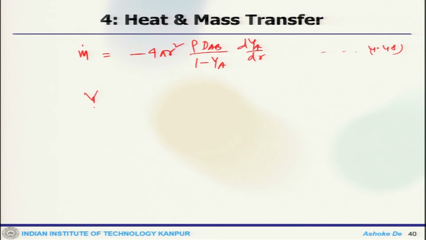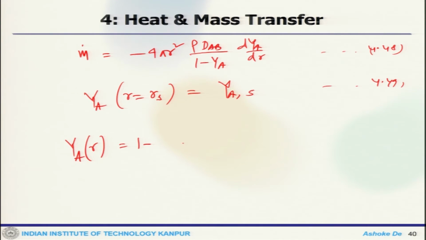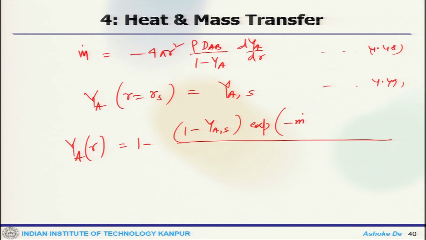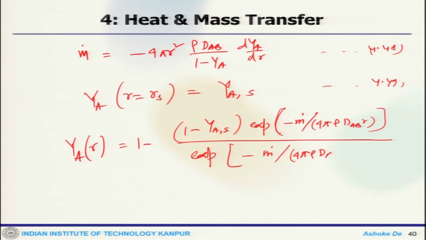So, one of the boundary conditions is that y at r equals r s, that is the droplet surface, is y a s, which will give you y a as a function of r: 1 minus y a s, exponential of minus m dot by 4 pi rho d a b r, divided by exponential of minus m dot by 4 pi rho d a b r s.